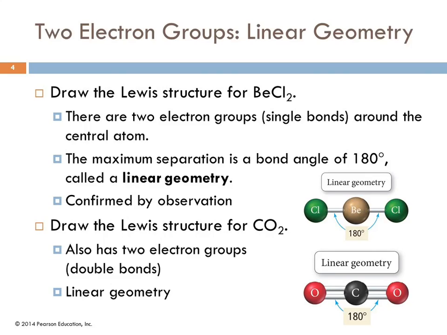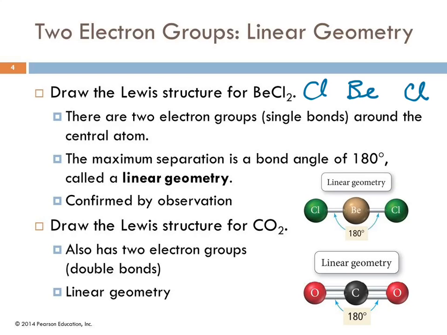Draw the Lewis structure for beryllium chloride. Okay. I write those things to myself because otherwise I forget what I'm supposed to do. So beryllium chloride, we're going to put beryllium in the middle and chlorine over here and chlorine over here.